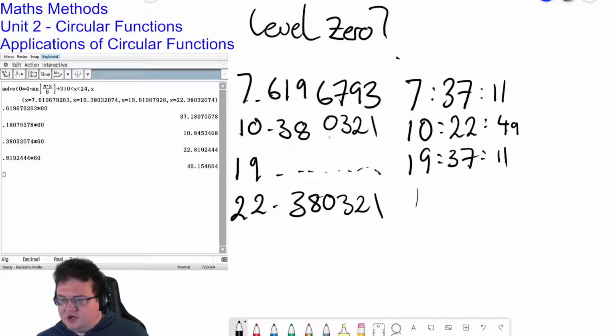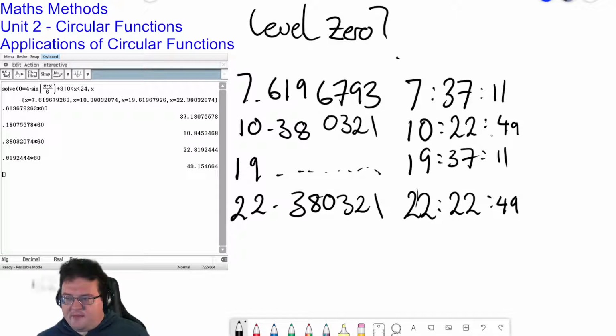And then, of course, because this one here is 12 hours after the first, we've got 7:30 a.m., about 10:30 a.m., and then 7:30 p.m. and 10:30 p.m. So those are where our water level is at 0.